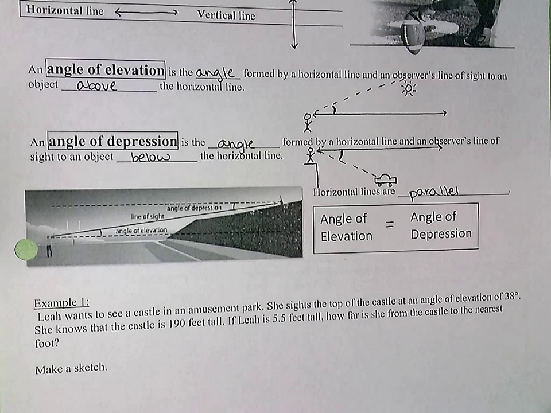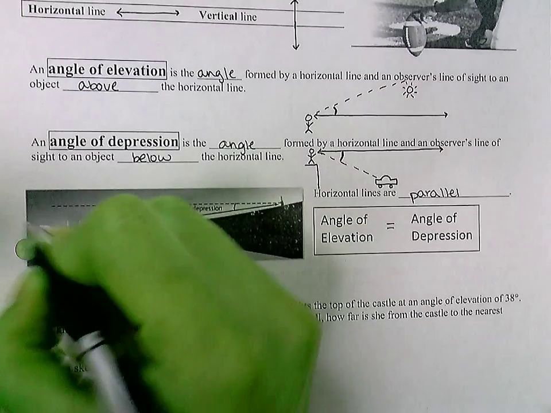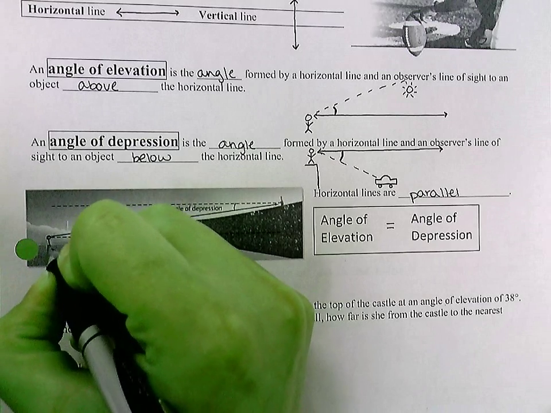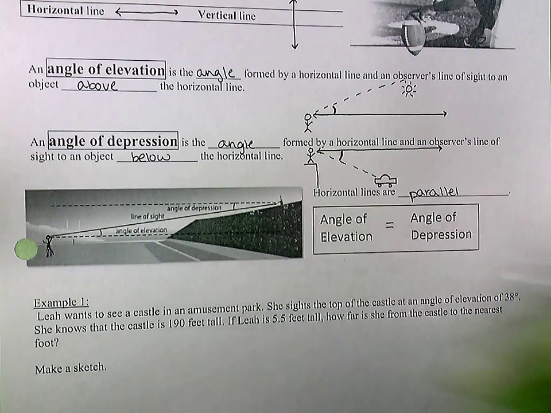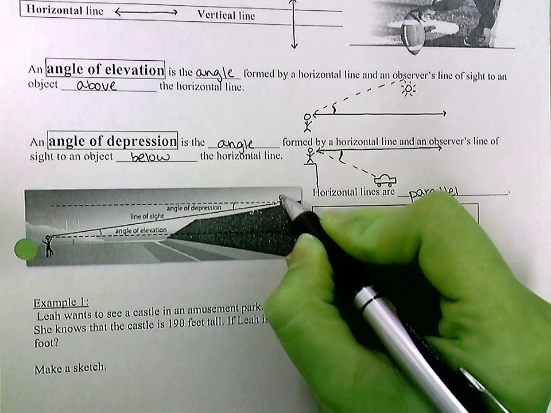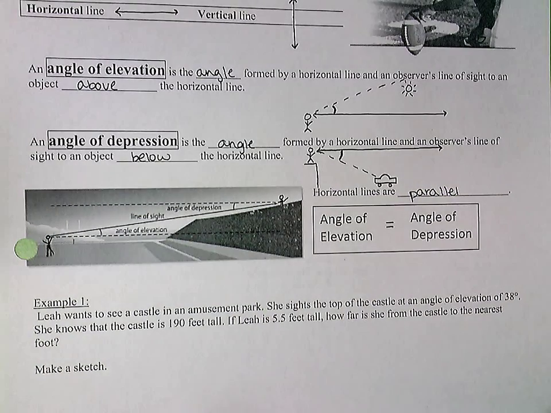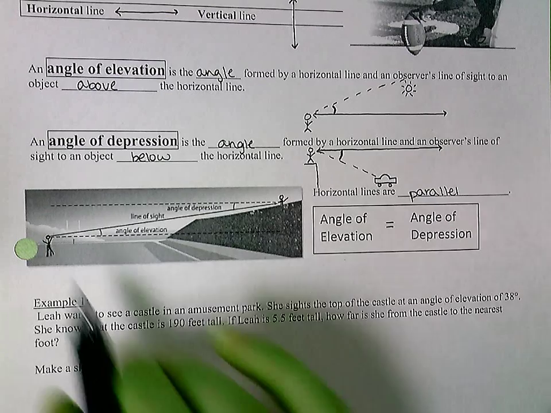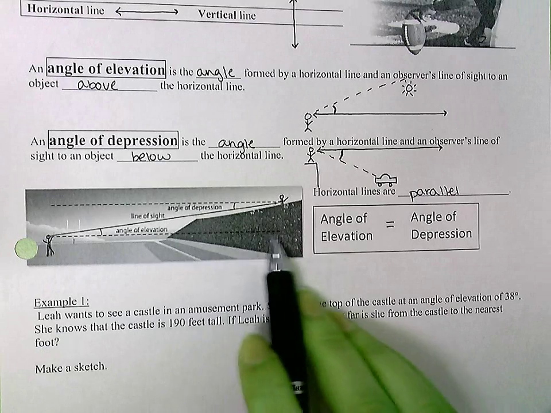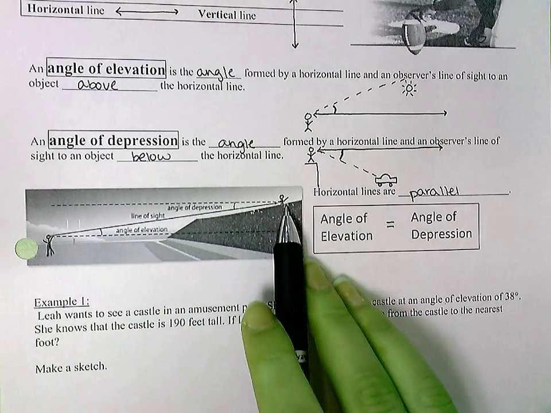So in the picture at the left there, I know it's a little bit hard to see, but there is a guy standing right here, and there's a guy standing up here. So their horizontal lines off of their eyesight are those dashed lines there. Those are your horizontal lines.